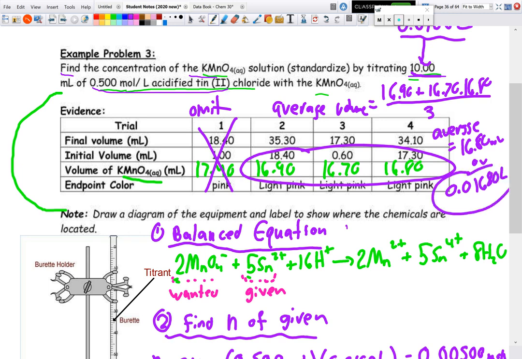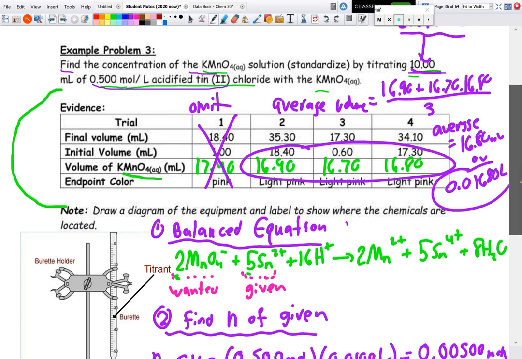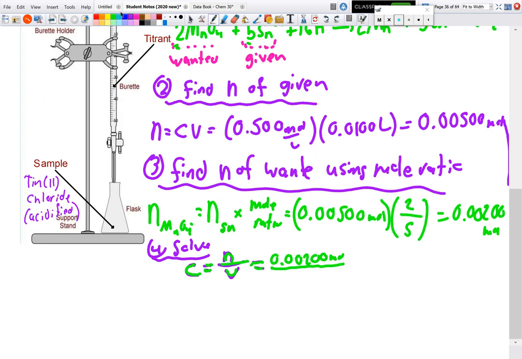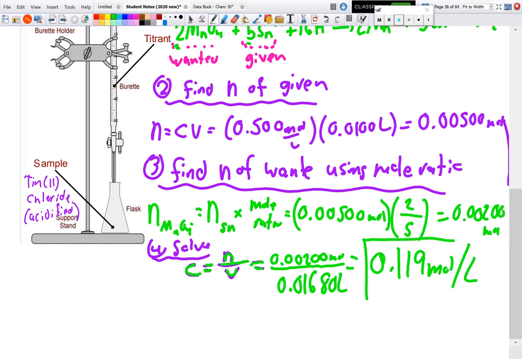And this, of course, is the volume of our potassium permanganate. So now we can take this value down here, add that to get our answer. The concentration of the permanganate is 0.119 moles per liter.